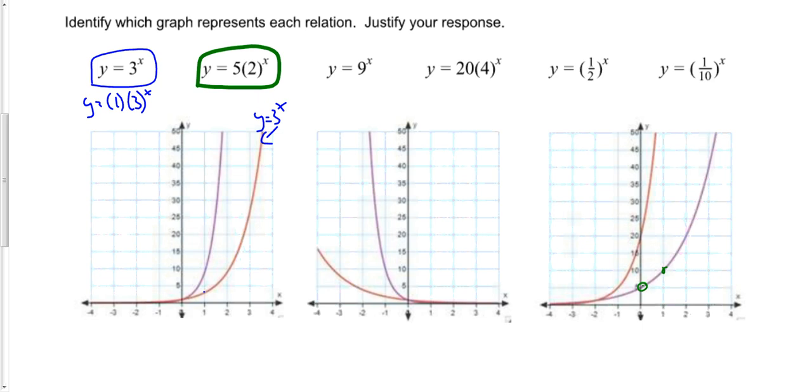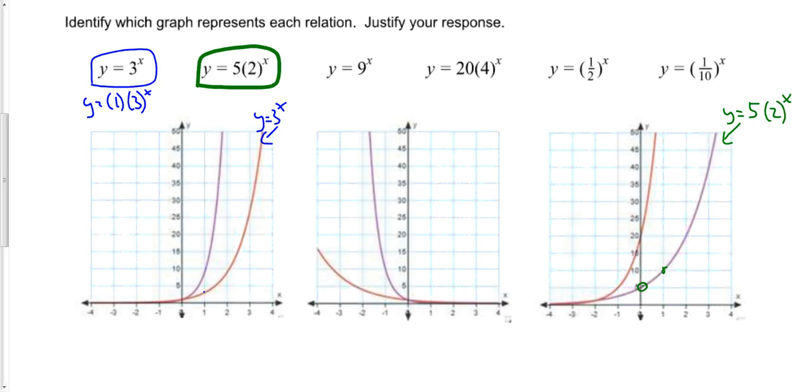So this purple line is y equals 5 times 2 to the exponent x.